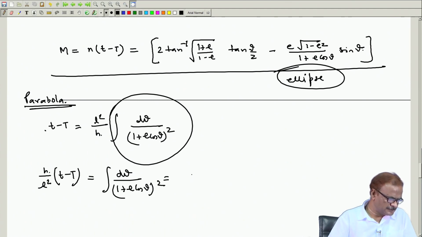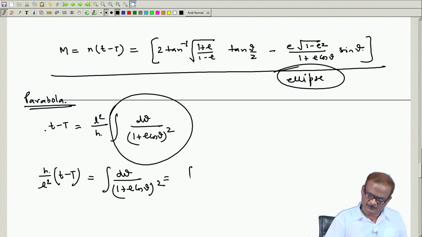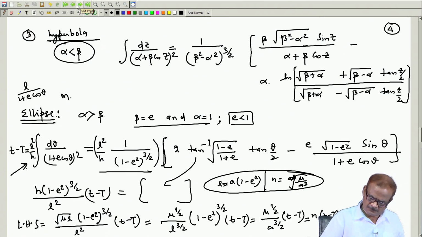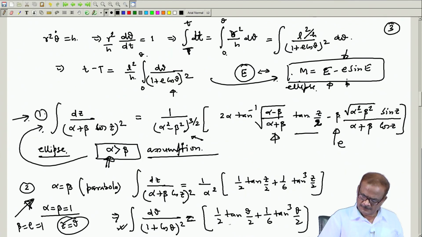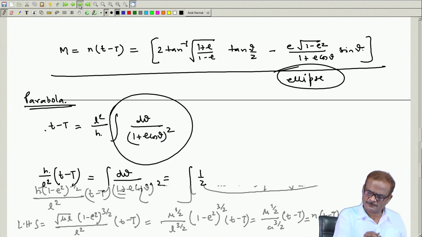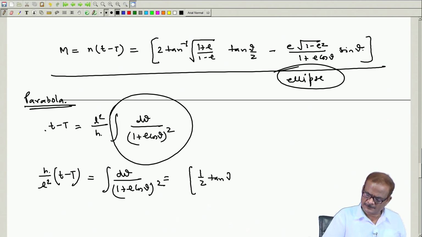So, right hand side here in this case will be 1 by 2 tan theta by 2 plus 1 by 6 times tan to the power cube theta by 2.